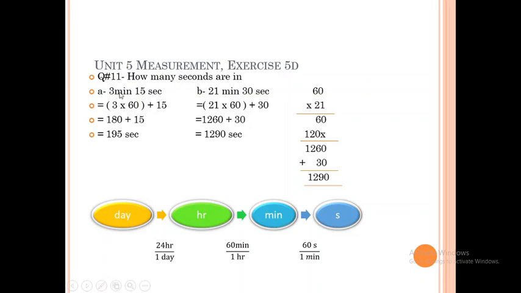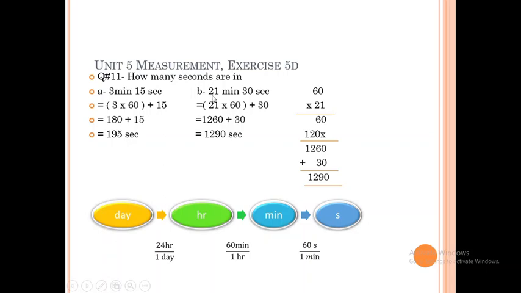To convert 3 minutes, multiply 3 by 60 and then you will add these 15 seconds here. You can do this conversion verbally. 3 multiplied by 6, 18, and this 0 is here, 180 plus 15. After doing this addition, you will get 195 seconds.